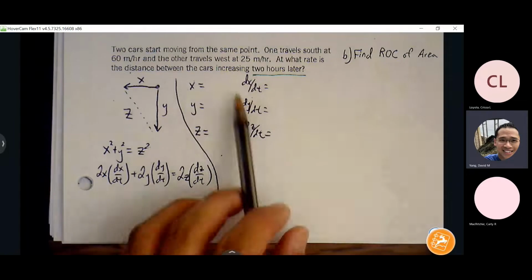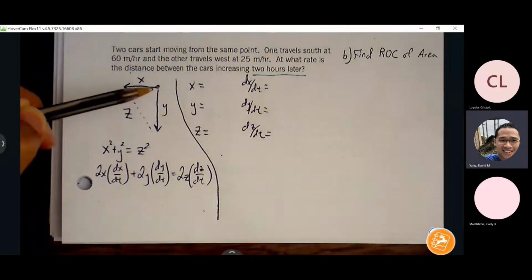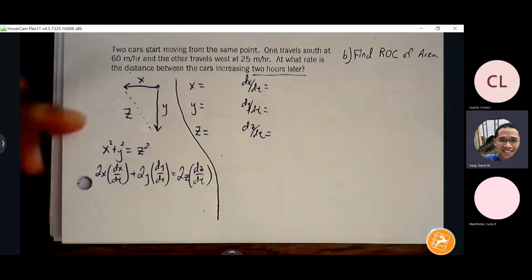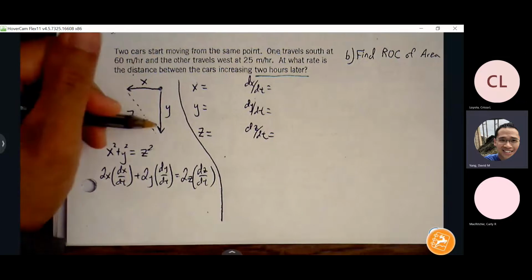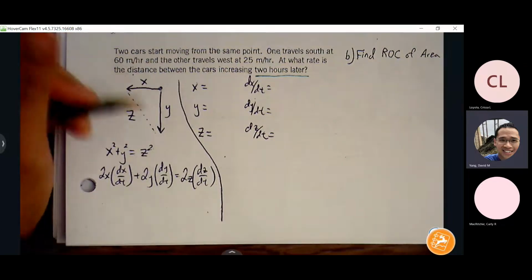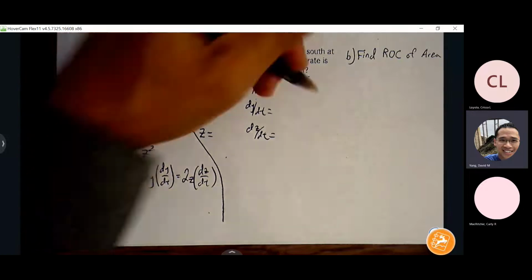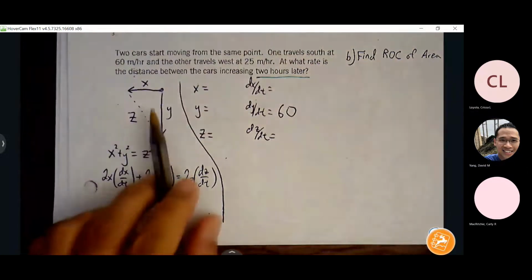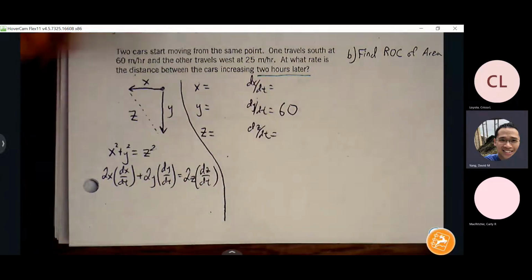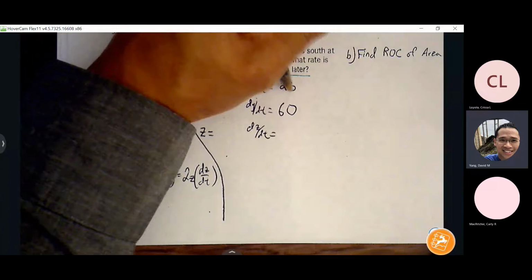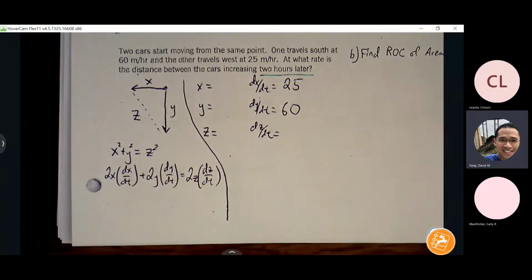Positive or negative? Positive, because y is getting larger, right? Some students want to say down is negative, but we want to look at that y value. That y value is increasing, so we want that to be positive 60. And 25 miles per hour, dx/dt, is positive as well because x is also increasing as it gets further away from the starting point.